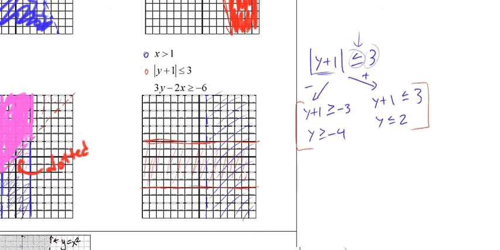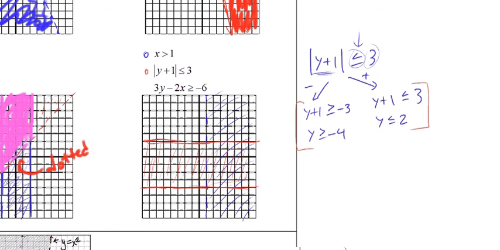So far, this region right here, actually I'll do it dark for just a second. Right now, this region in here is our solution set, but that last inequality is going to help us define that a little bit more tightly.